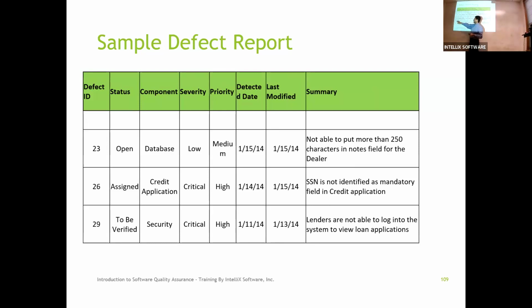We talked about the ID, what is the status, which component it is in, what is the severity, what is the priority, the timing, when it was first identified, when it was last changed, and what is the description. Just by looking at it, you can say, hey, if I have to fix one first, which defect would you fix?